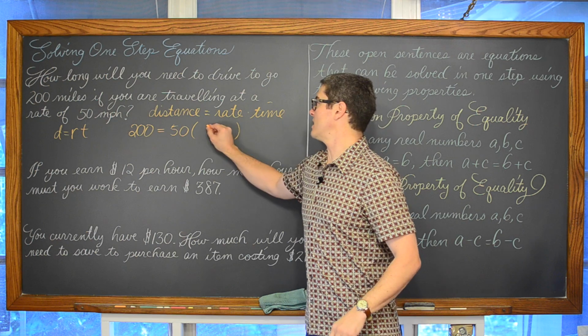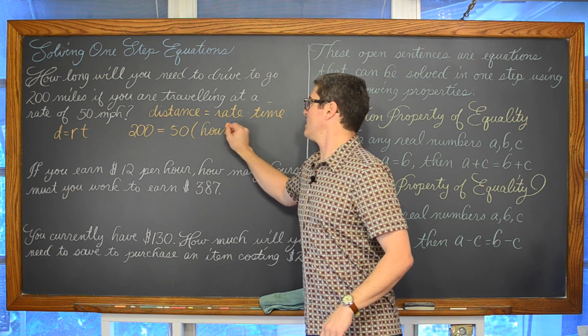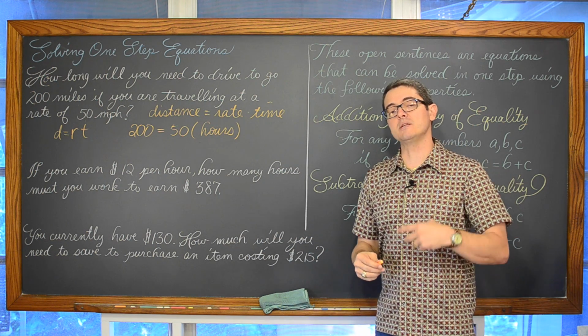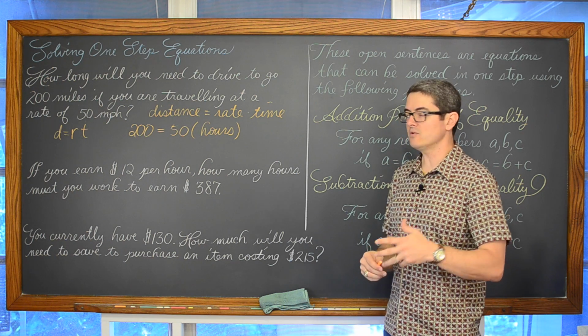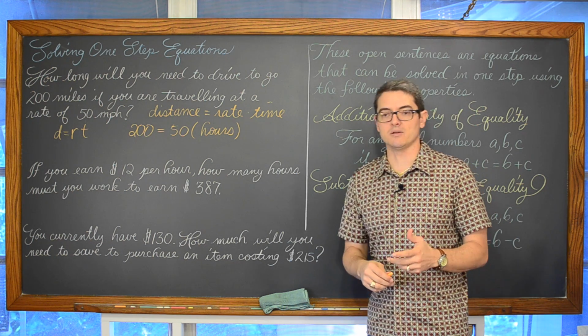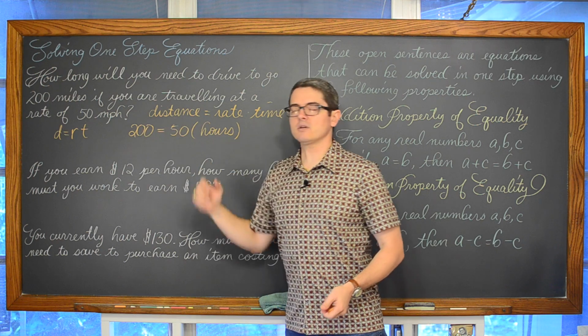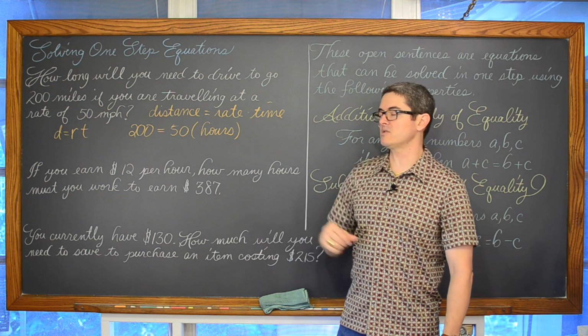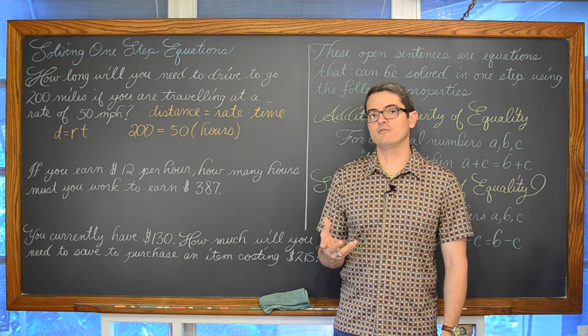I can just write the word time, but specifically what we're going to be finding, because it's miles per hour, is the number of hours that it takes for you to travel that 200 miles. Now, if you've got a really strong number sense, you might be able to look at this equation and just know that the answer is going to be 4.